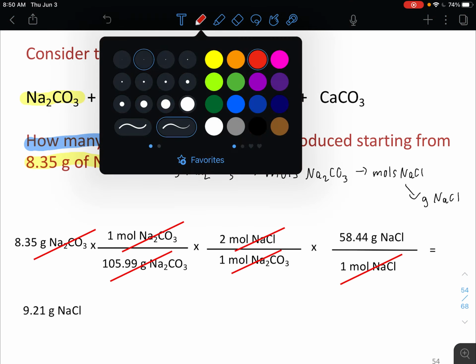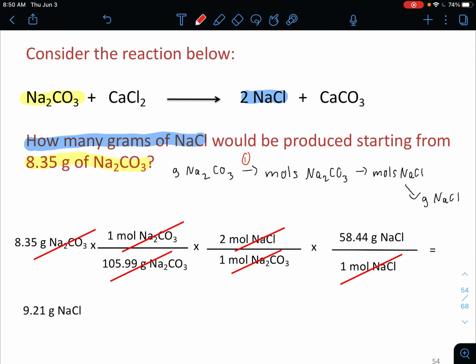So those are the 3 steps, just like we saw in the flow chart. For steps 1 and 3, I need the molar mass values for my reactant and product. And for step 2, I just need to interpret the balanced equation and use the coefficients.